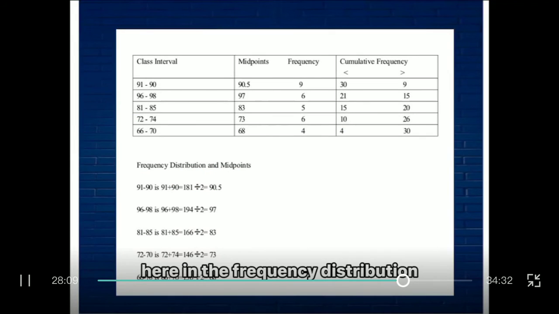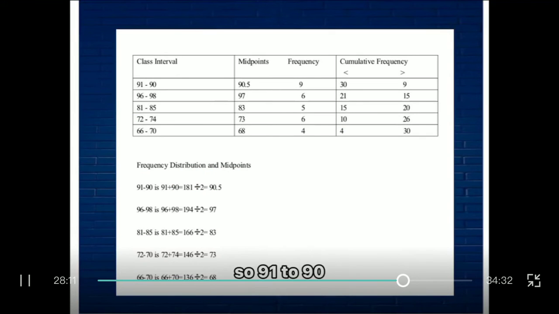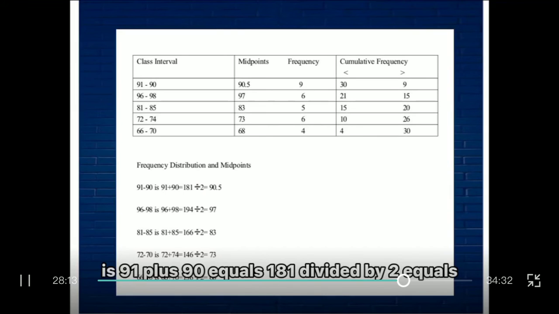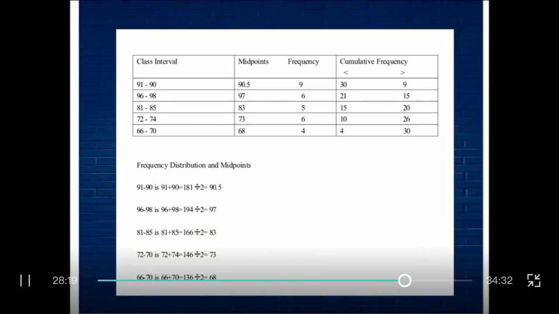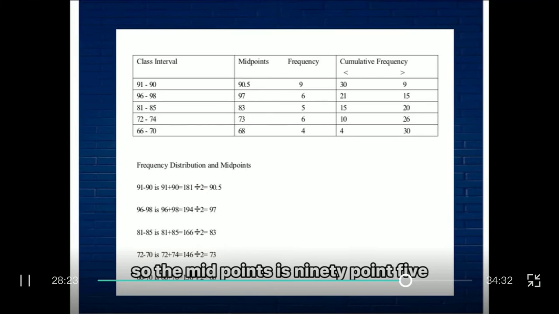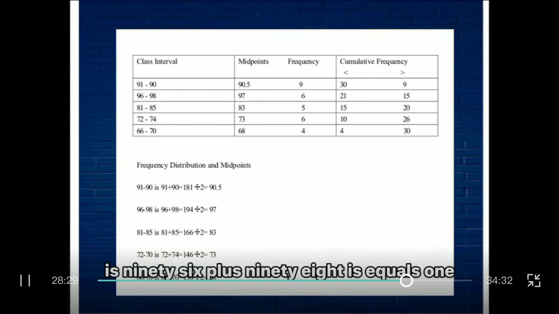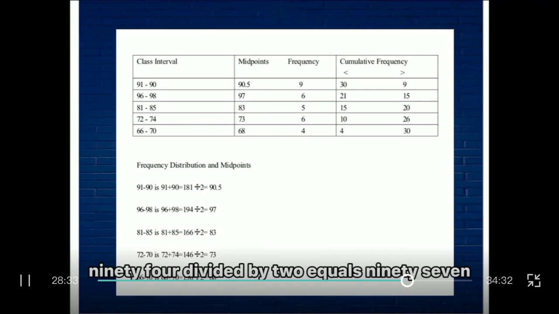Here in the frequency distribution and midpoints, 91 to 90 is 91 plus 90 equals 181 divided by 2 equals 90.5. So the midpoint is 90.5. Second, 96 to 98 is 96 plus 98 equals 194 divided by 2 equals 97.